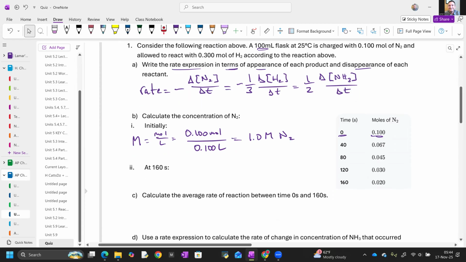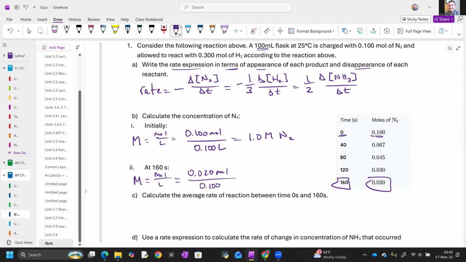Now we find that at 160 seconds, so we go to our table, and again, our formula is molarity is equal to moles per liter, or n over L. And what we see is that we have 0.020 moles for every 0.100 liter. This will give us 0.2 molar of N2. All right, and that's that.